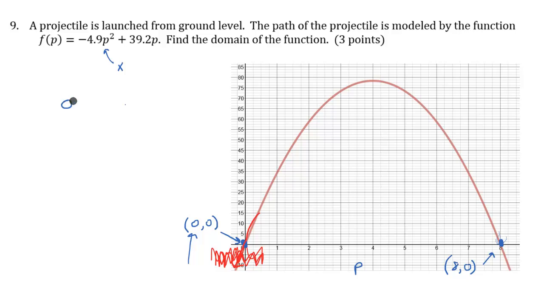So we go from 0 to our highest possible p value, which is going to be right here at 8. Again, back to our real world situation, I'm going to assume that we don't have this part of the graph and it stops here. So our highest value for p is going to be 8. So if we want to write this in interval notation, we could go [0, 8], and then we use brackets because we want to include both of those p values on our graph.